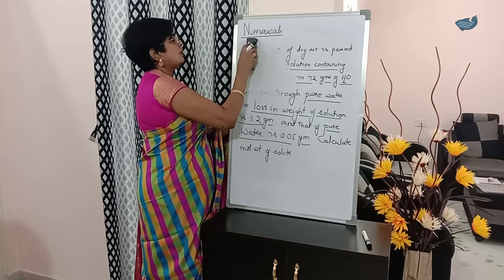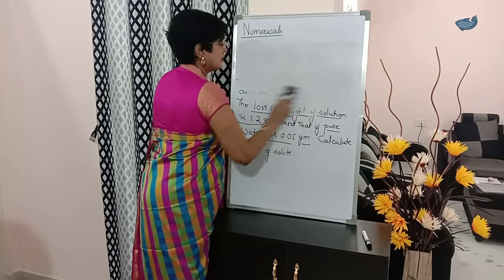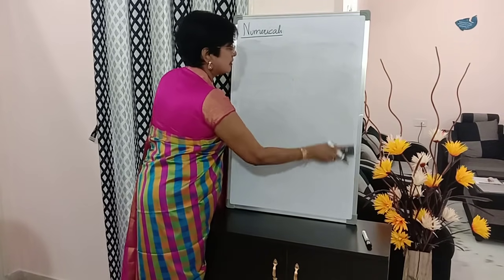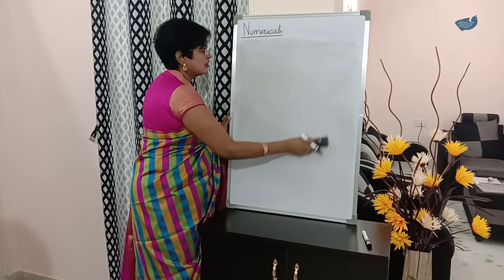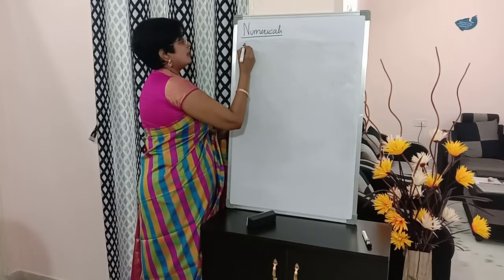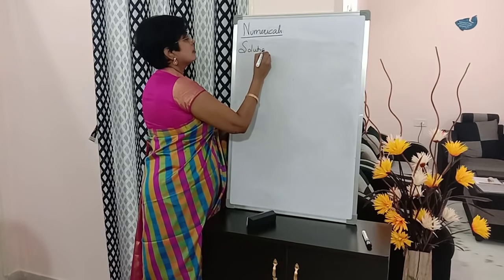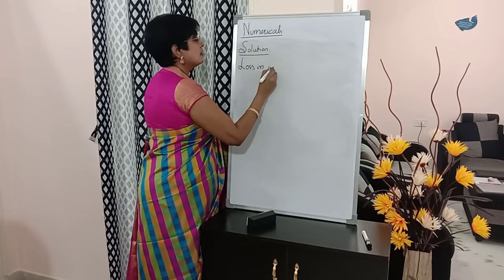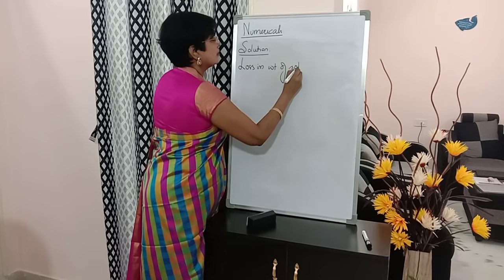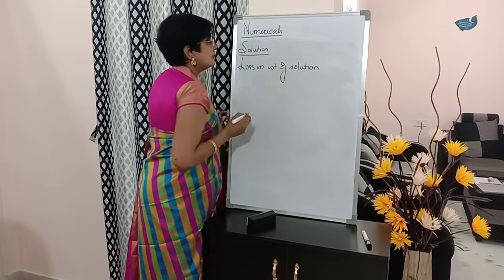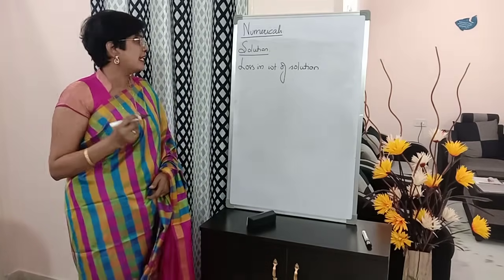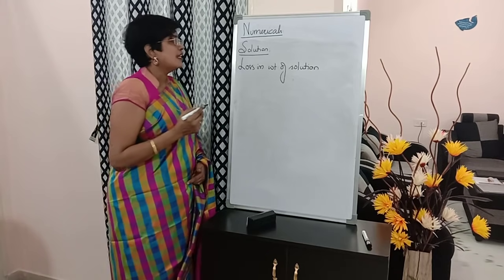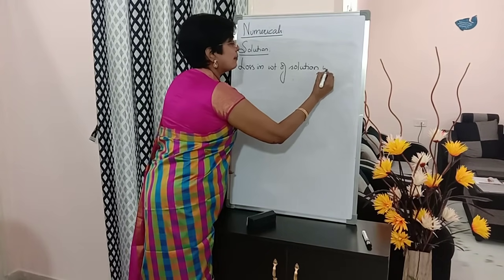Put the side heading solution, students. Write down solution. First I am writing the loss in weight of solution. Just go back and check, students: we denoted the loss in weight of bulb A, in which the solution is taken, with W1.